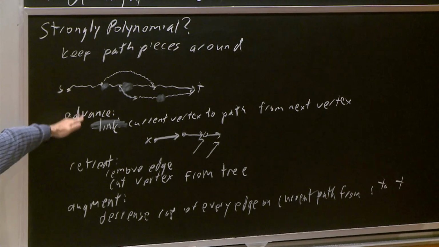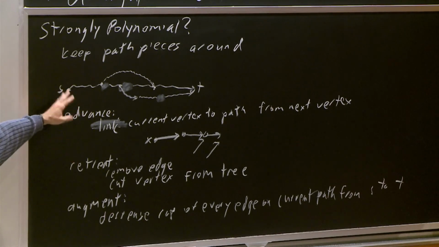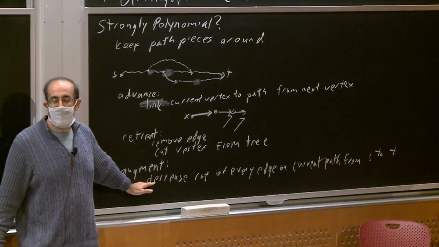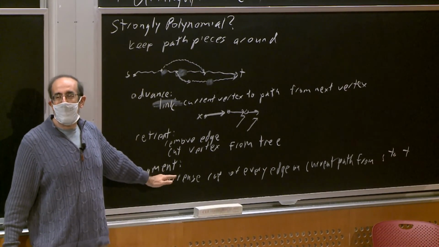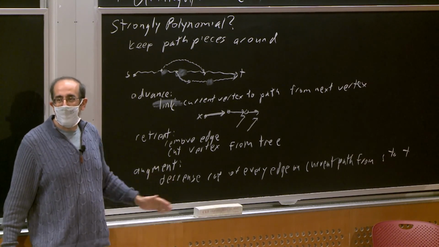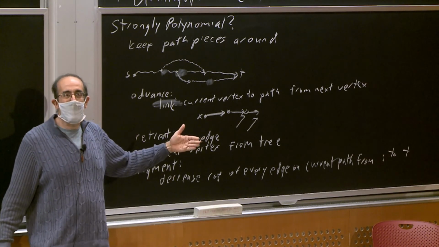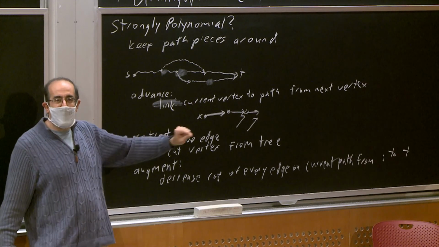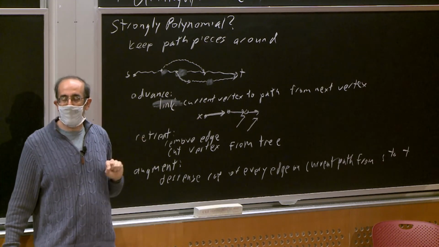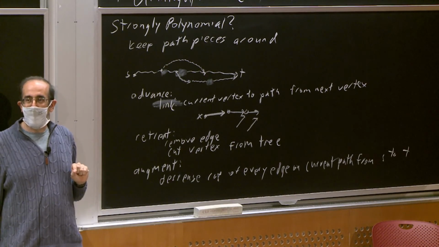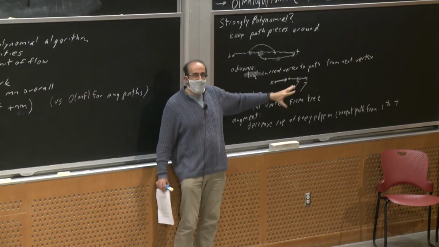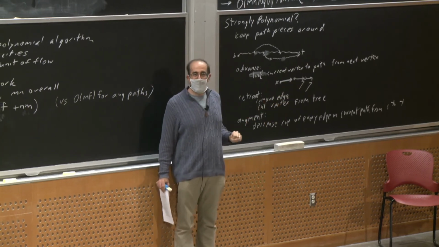We know how to add two trees and cut two trees by removing an edge. How can you decrease the capacity of a whole bunch of edges at once? Well, you don't represent the capacities on the edges. Instead, you represent the differences of capacities along the path. If you decrease the capacity of every edge, it doesn't change the differences of capacities at all. And so you only need to change one number to change the meaning of the entire path.